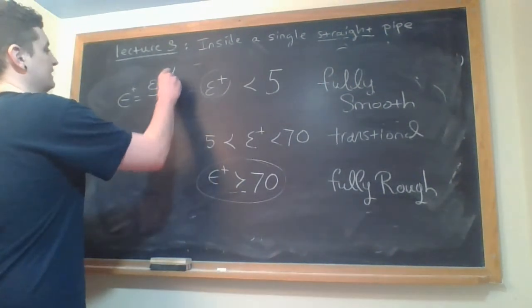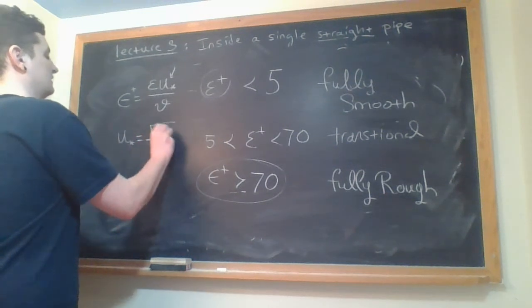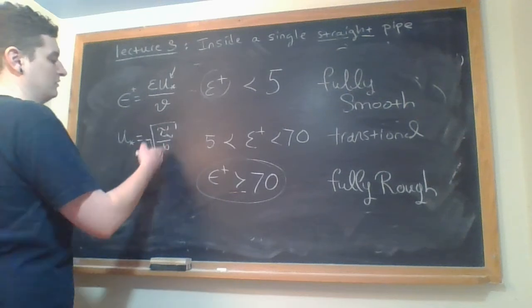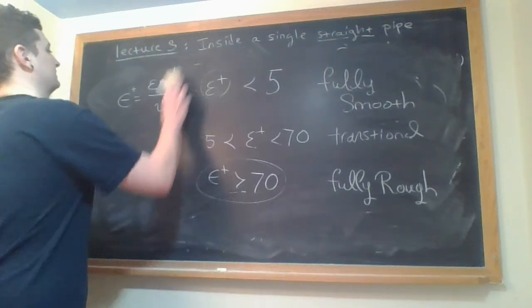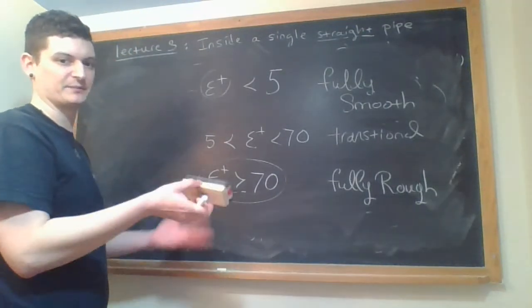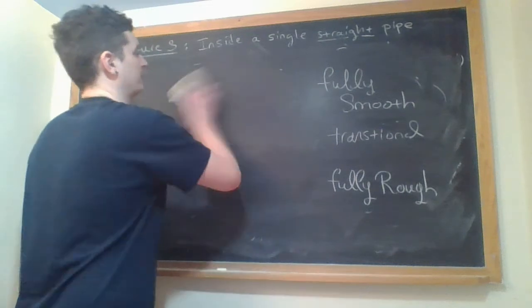Okay, and then remember that this friction velocity is the square root of the shear at the wall divided by rho. I had to tell you this because it's in the notes, but when it comes to calculating Moody charts, you just need to get epsilon over D. You don't really need these epsilon plus transition regions.